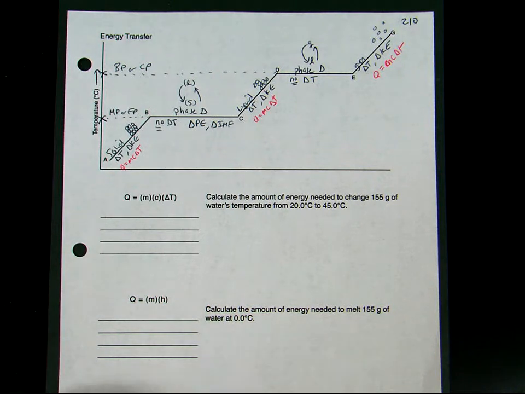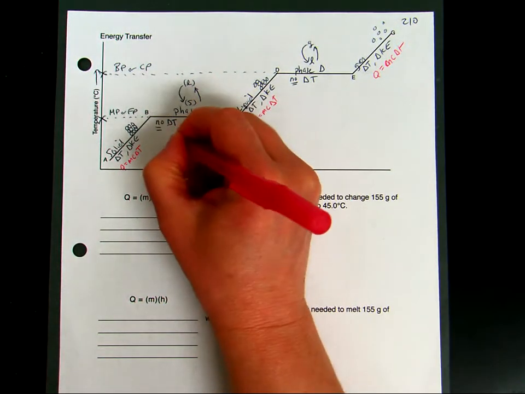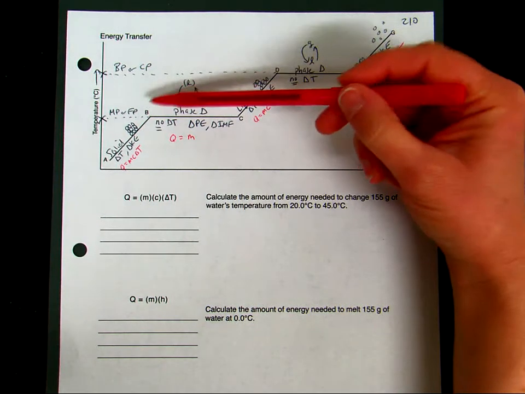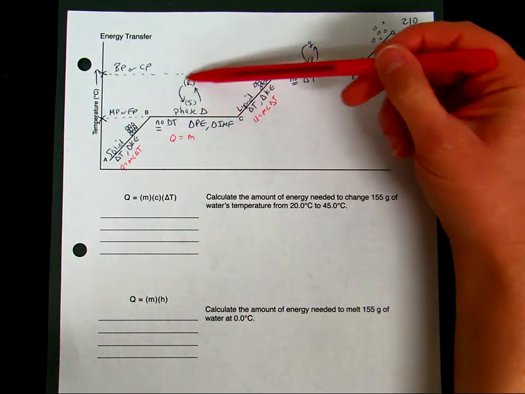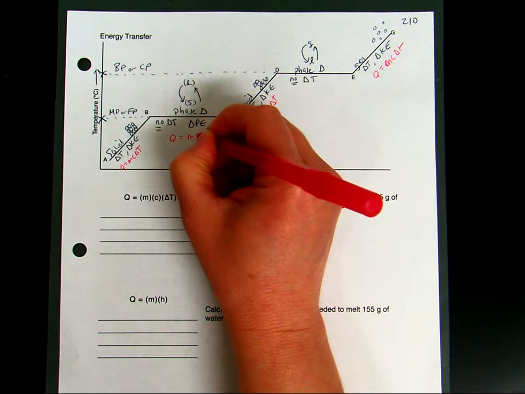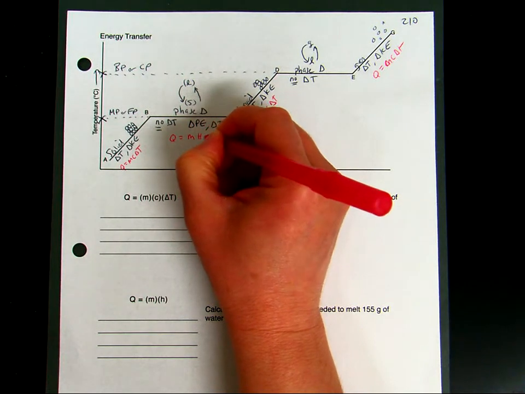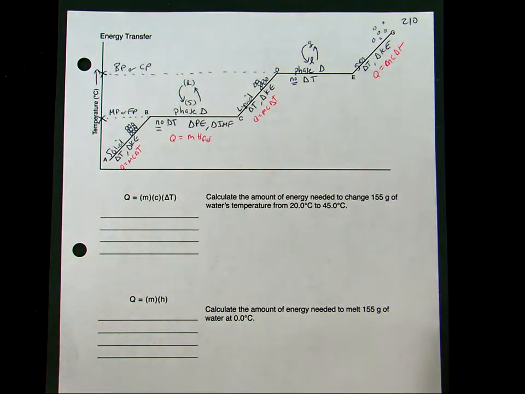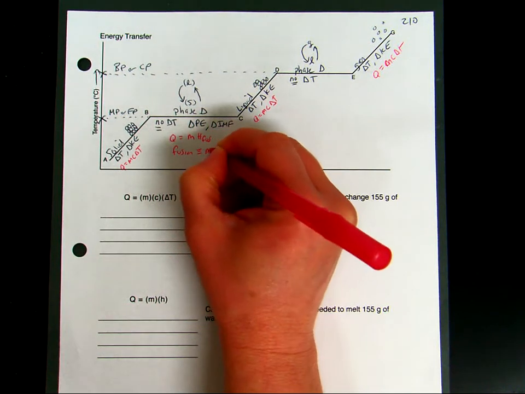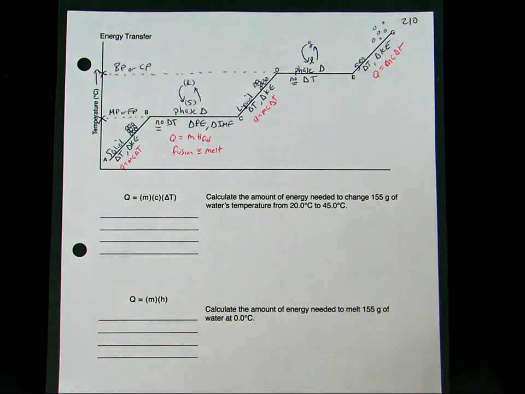And so taking a look here, Q equals M, and now the H. Since this represents a point of changing between the solid and liquid, we would use the M times H, and it's the H of fusion. And you need to remember that fusion is another way of saying melting.